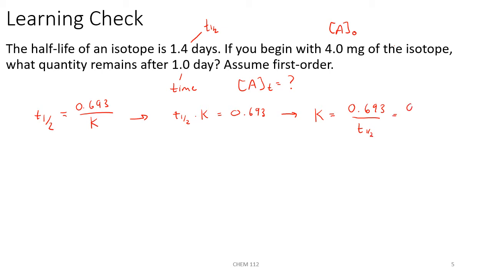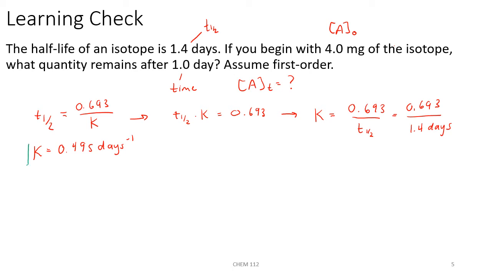So we will take the ln of 2, or 0.693, divided by 1.4 days, because that was our half-life. And so our rate constant, or K, comes out to 0.495 days to the minus 1, so 1 over days as our units.